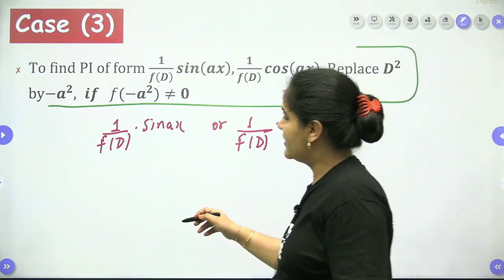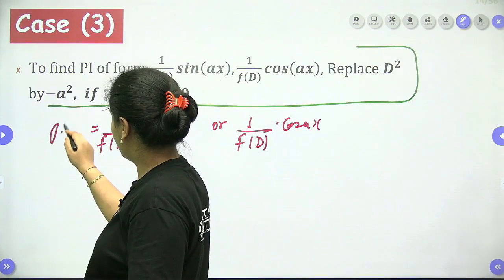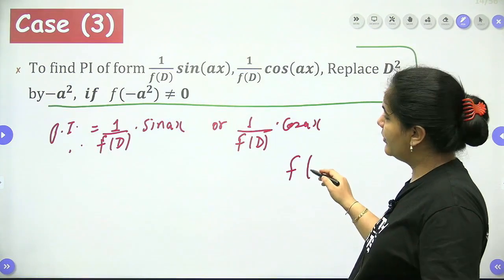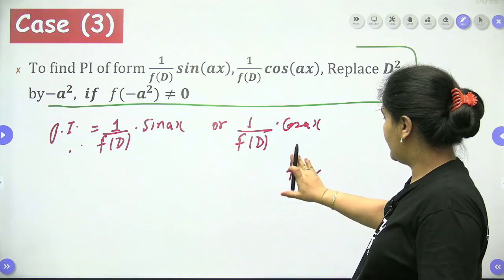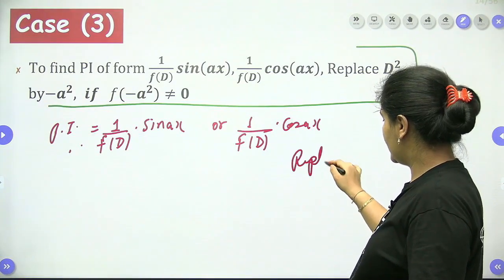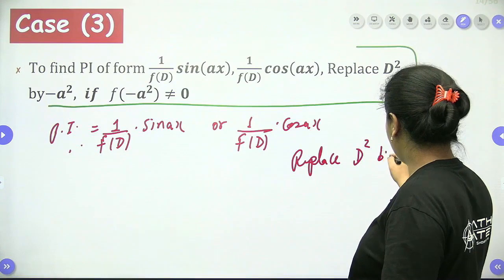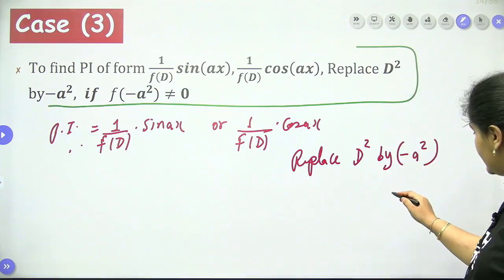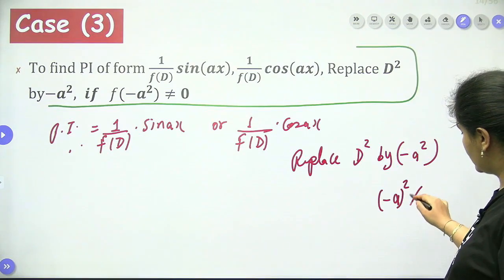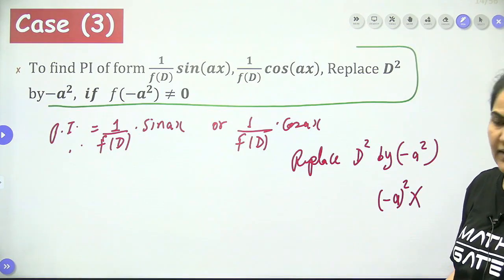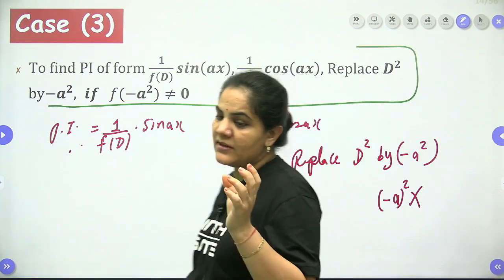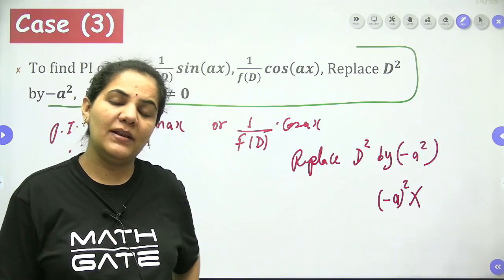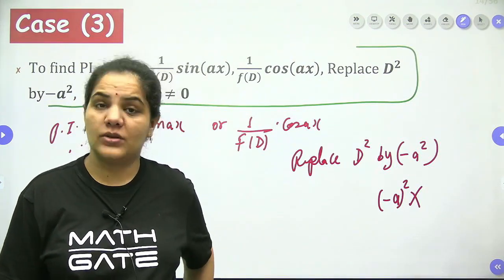In that particular case, to find the PI, you have to just replace D square by minus a square. Remember, it's not minus a whole square, it is minus a square, right? Wherever D square comes in the given equation, you can replace that D square by minus a square.